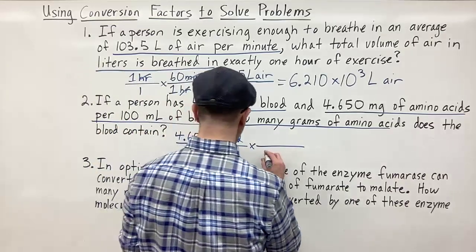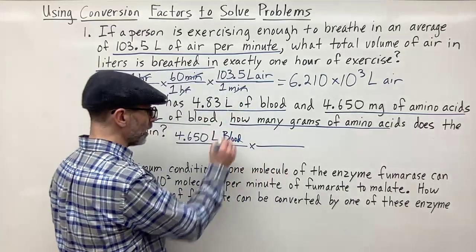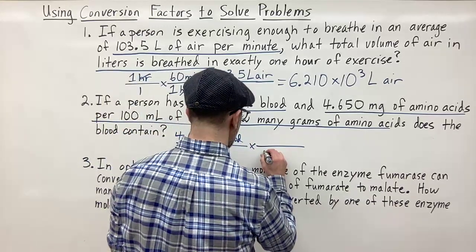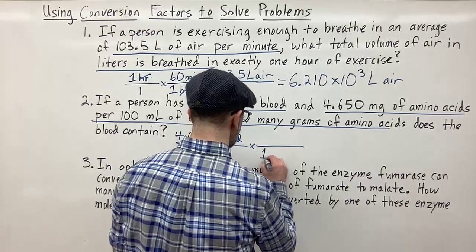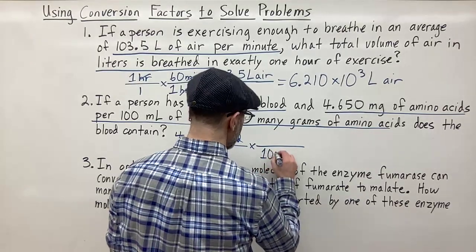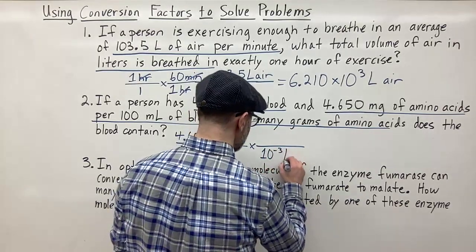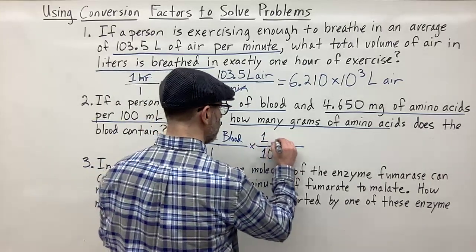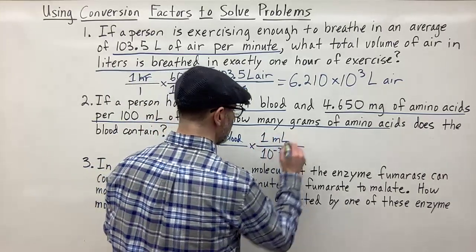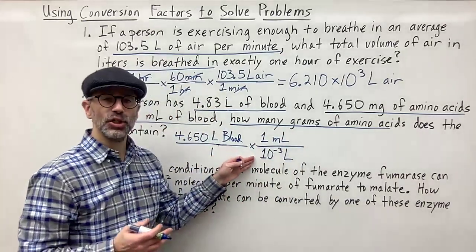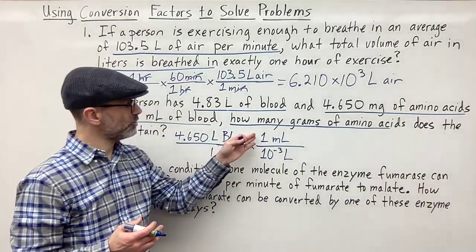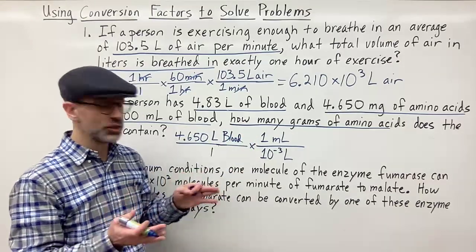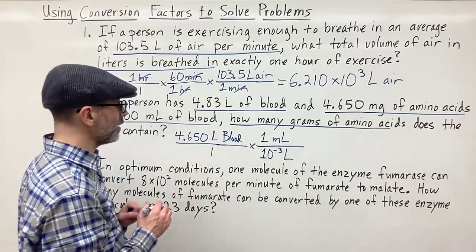Here we're talking about liters though, so it's the same with liters: 10 to the negative 3 liters, or 1/1000th of a liter, is equal to 1 milliliter. And again, I could have easily used 1 liter is equal to 1,000 milliliters, or 10 to the 3 milliliters. It's the same relationship, so it works either way.